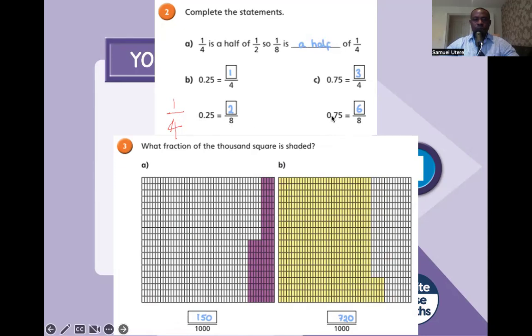0.75, we know 0.25 is a quarter. We know 3 lots of that will be 0.75.